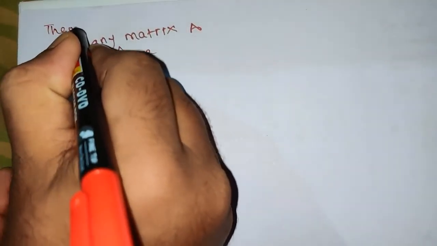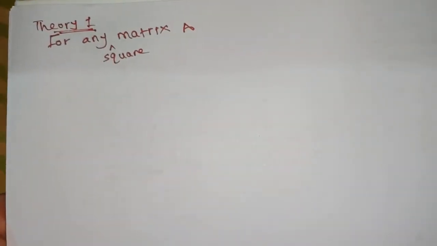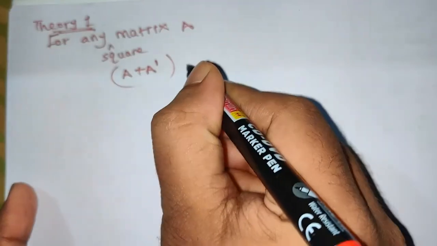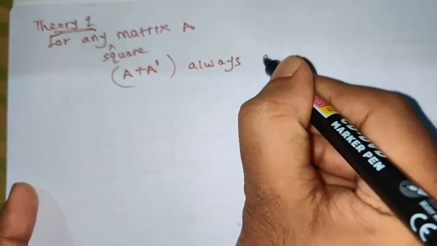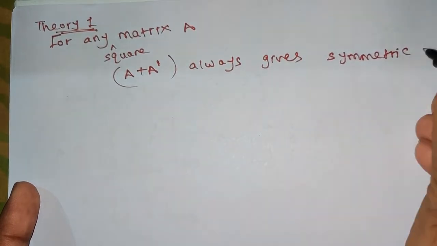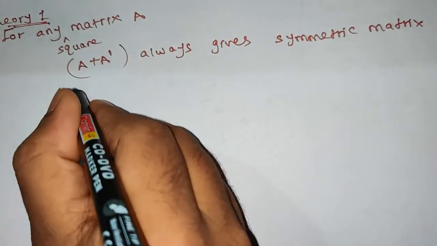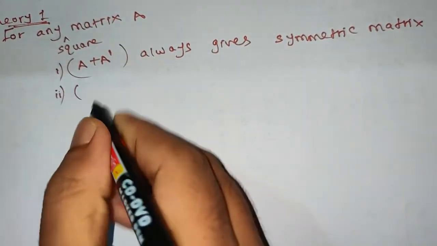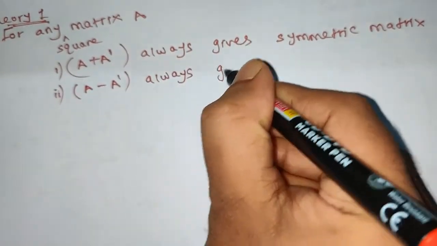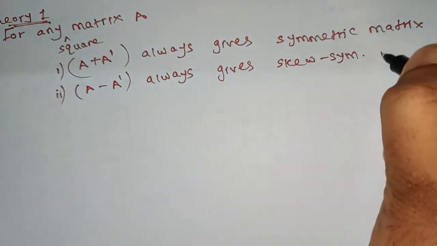This is given as a theorem in your NCERT textbook. For any square matrix A, A plus A transpose always gives a symmetric matrix, and A minus A transpose always gives a skew symmetric matrix.